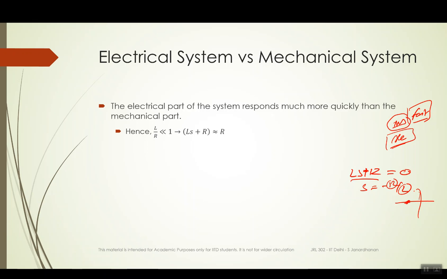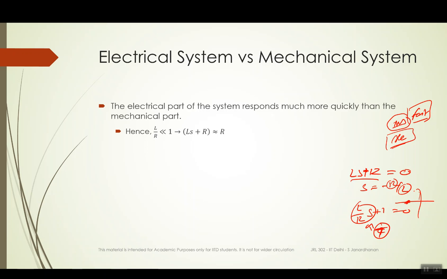Second point is that in general there is much less inductance as compared to the resistance. So you end up with a situation where L by R is much less than 1. If you write this as L by R s plus 1 equal to 0, L by R is the time constant of this electrical system.